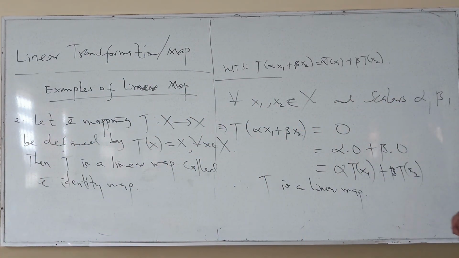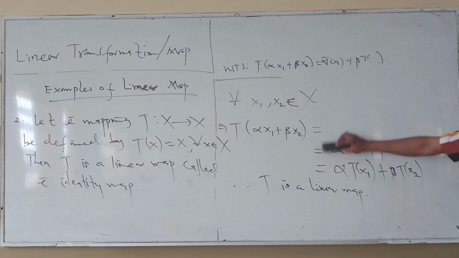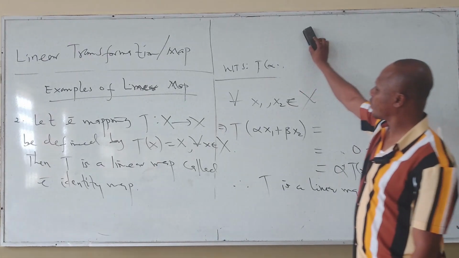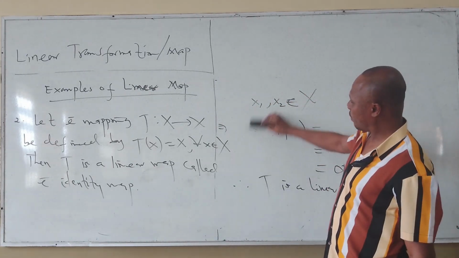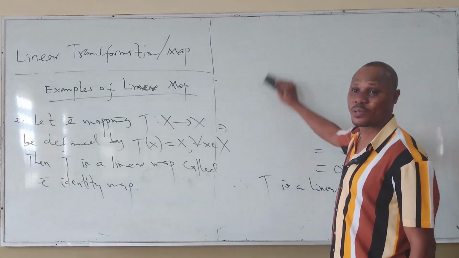Identity map. I remember in analysis, it proved something like that. It showed that the identity function is continuous, if you recall. F of x equals x. If it's an identity map, then you say it is what? Continuous.